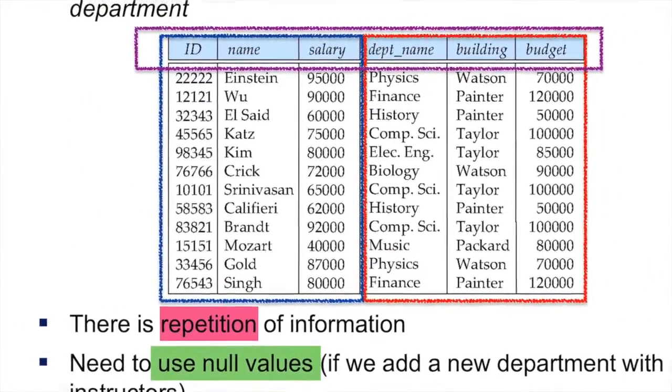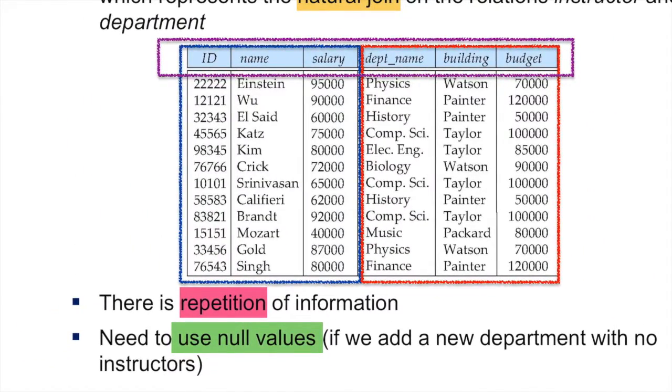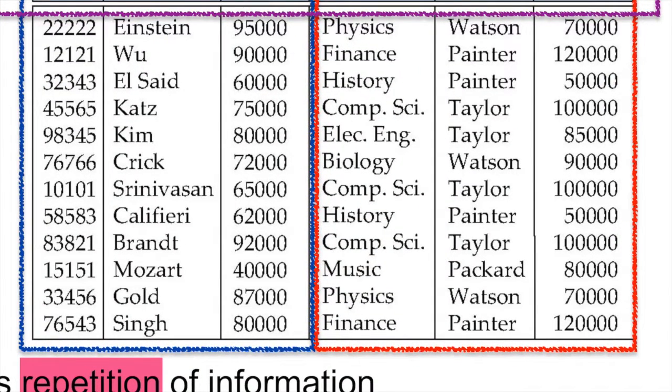Okay? So all the information, including the budget and the building of the department name, is repeated. So the problem here is that whenever we wanted to update a content, like the particular budget for the department, nag-increase siya to 200,000. If we wanted to update that information, we need to update all possible instances of the ComSci Taylor 100,000 para maging ComSci Taylor 200,000 na.